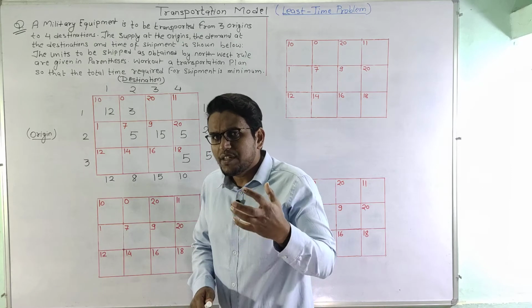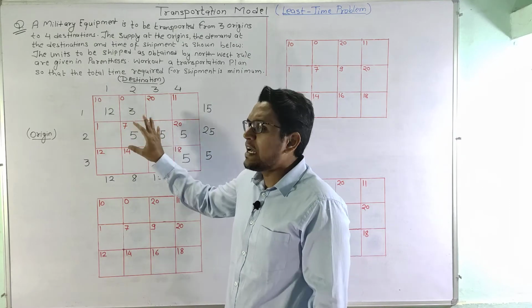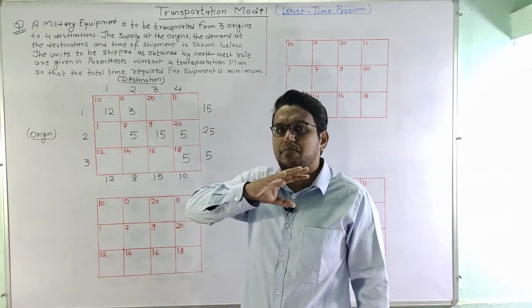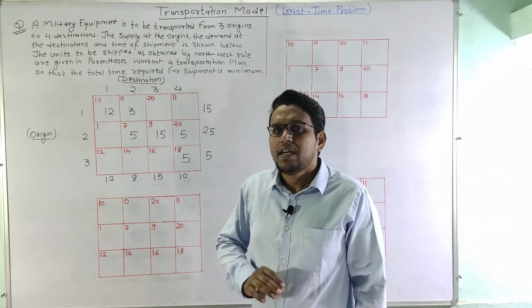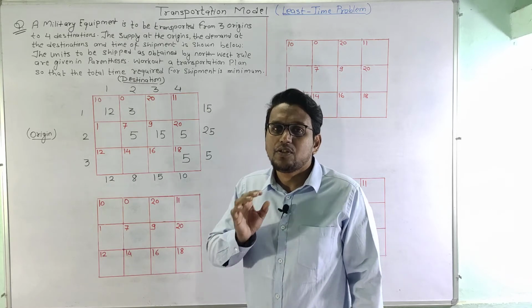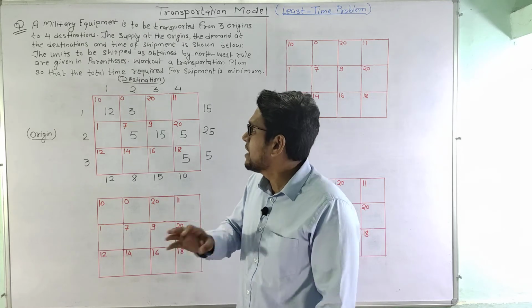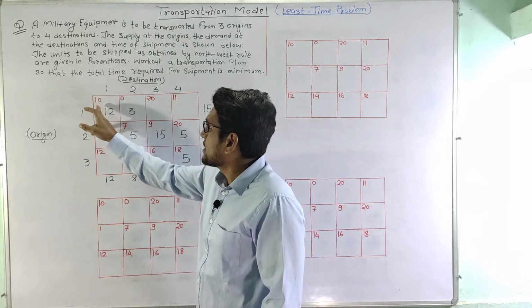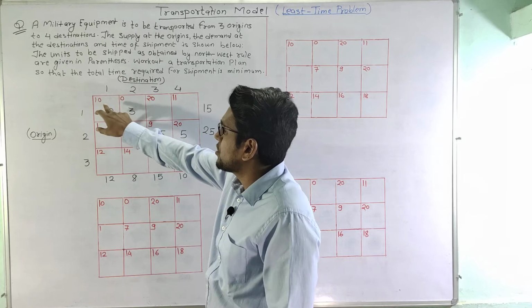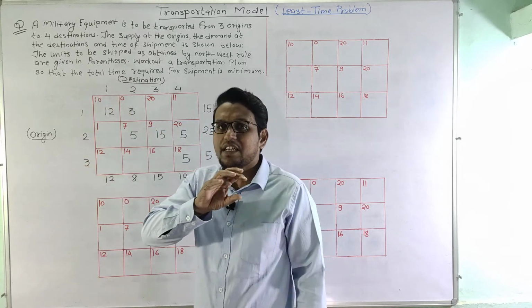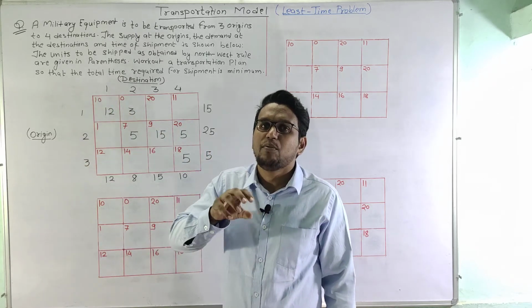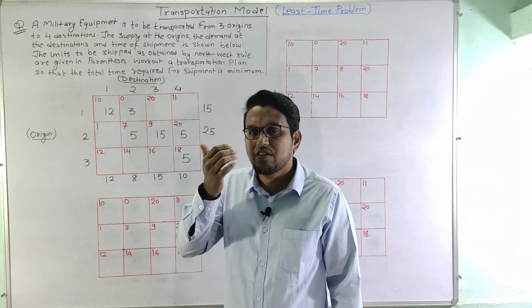The only difference this matrix has from the previous problems we have solved is that the Cij, which is the unit transportation cost, has been replaced by the time required to transport xij units from source i to destination j.